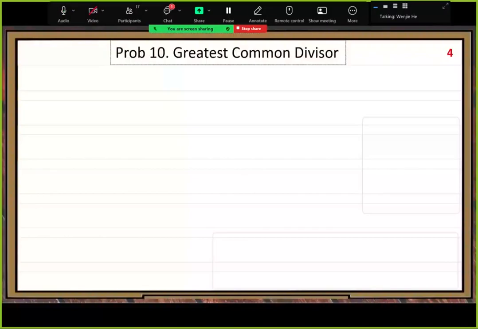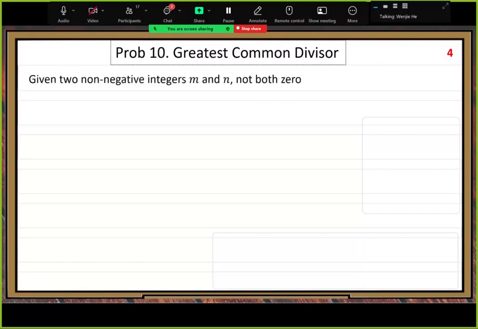That one is the greatest common divisor problem: find the greatest common divisor of 2 non-negative integers, m and n. Because that is a long story, let me leave it to next time.